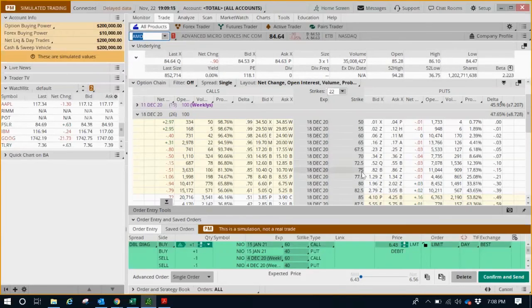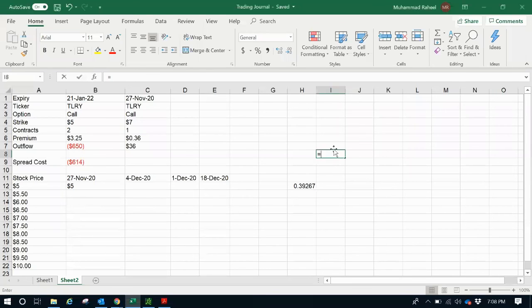The 75 strike put is closer because 84.64 minus 75 is 9.64 out of the money, and $95 minus 84.64. Yeah, so this is a little more out of the money. So this one should be cheaper than that one.